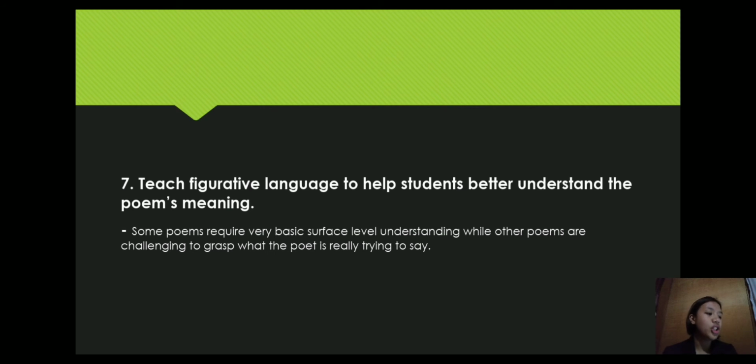Poems often use metaphors, similes, onomatopoeia, alliteration, idioms, and other figurative language. Teach students the meaning of these kinds of figurative language. Understanding these poetic devices will help them unlock the meaning hidden within some poems and allows for deeper critical thinking.